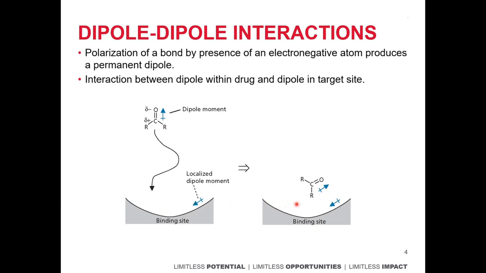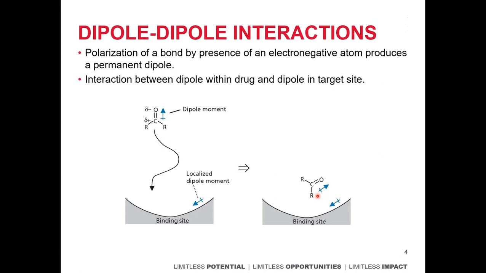And so we would get the functional group approach the binding site in the opposite direction to the dipole within that site. So as I've said, dipoles go from a positive charge to a negative charge, and so that will align in the opposite direction to the dipole within the site, because you'll get the negative charge attracted to the positive and the negative attracted to the positive.